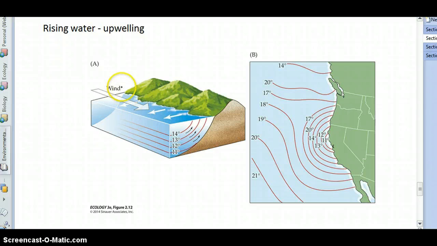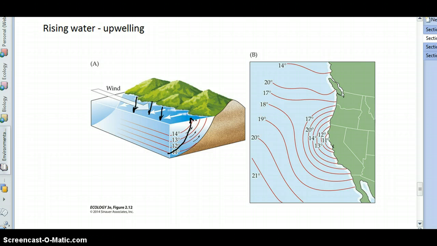And this tends to happen when you have prevailing winds that are moving parallel to the coast, which essentially pulls water away from the coast, really kind of pulling it away more at an angle somewhat. But as that water is pulled away from the coast, it has to be replaced by water somewhere else, and it's replaced by water that's coming from deeper down.